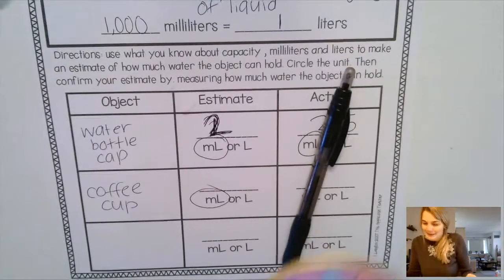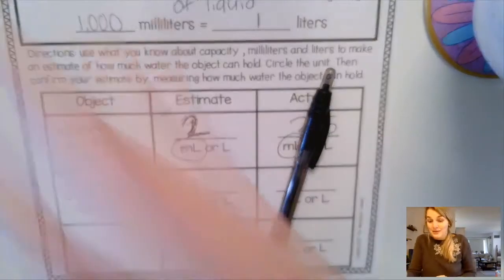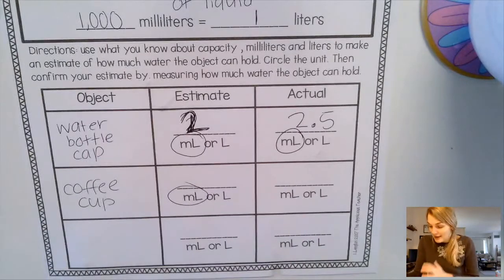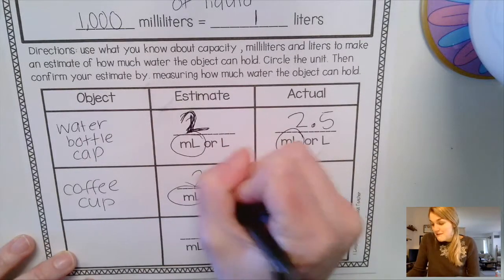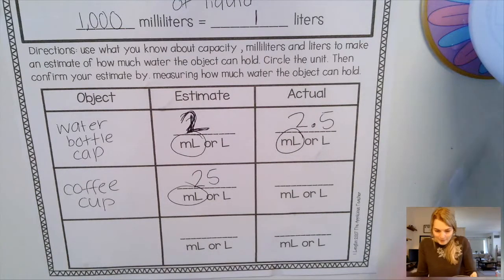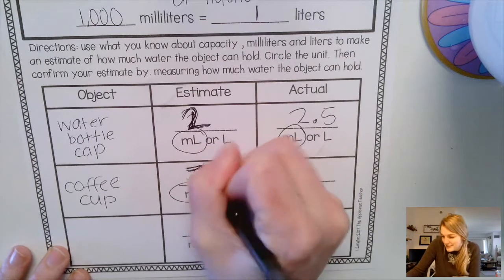So I'm going to guess, this is hard. I predict, let's see, if this was 2.5 milliliters, I'm going to guess, I have absolutely no idea. Let's go with 25 milliliters. Oh no, this is hard. Let's go 75 milliliters.